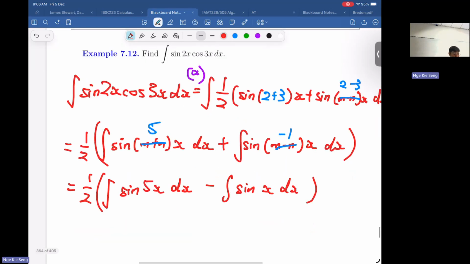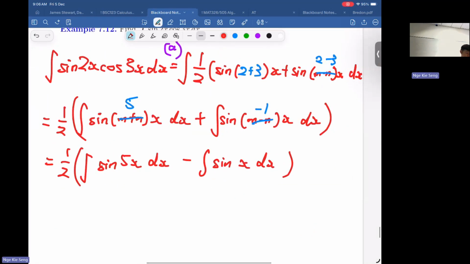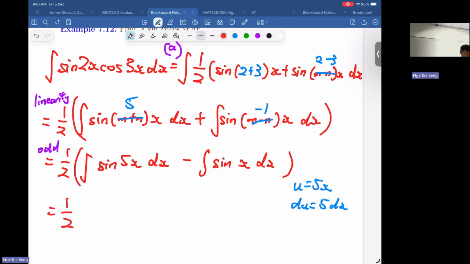Okay, so what do you do next? The second step is linearity. The third step is the odd function. Then you can use your substitution: u equals 5x and then du equals 5 dx, so integrating sine u dx becomes du over 5, right? And then minus, so integrating sine x, we get negative cos x.